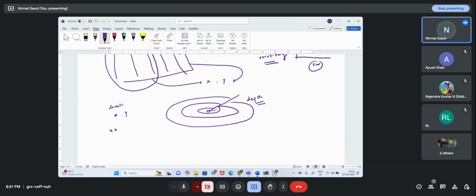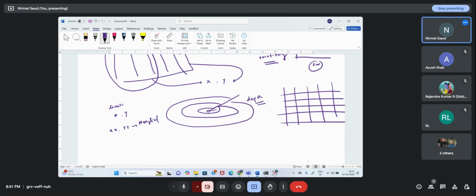Then I calculated x and y by meshgrid. So a meshgrid is something like this, like a graph paper. Then I performed the prediction Z, and then I considered x, y, and z all together to make the decision boundary. That's what I did in every code.